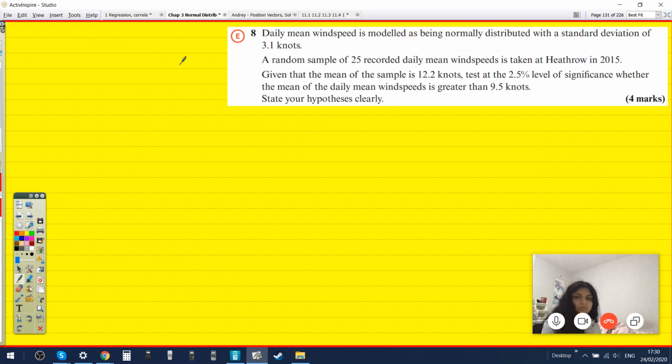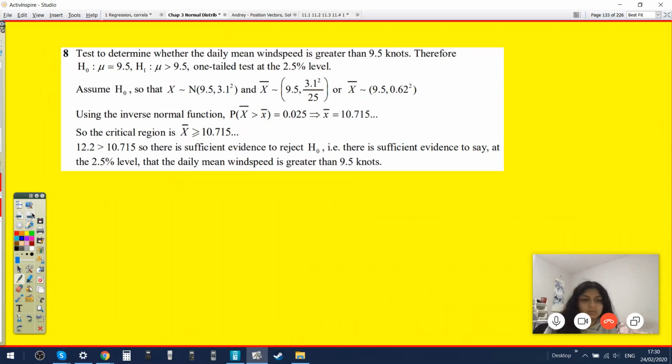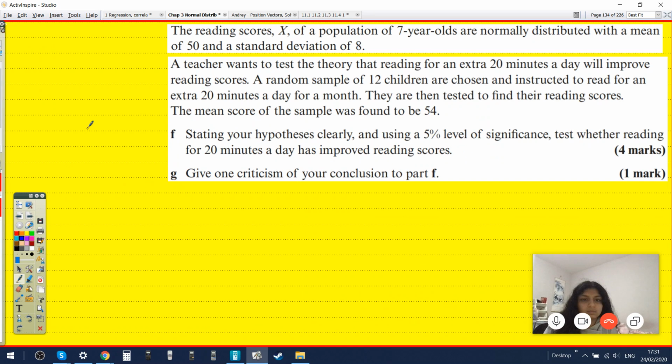Let me see this one. Random sample. Mean is 12.4 greater than 9.5. I think it's just the wording is a bit weird, but other than that, it's okay. Of course, X population. I suspect you're going to be fine for this one.